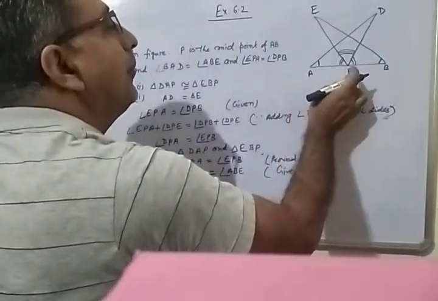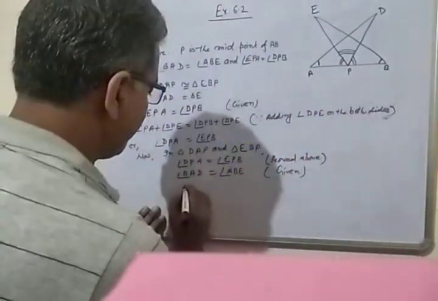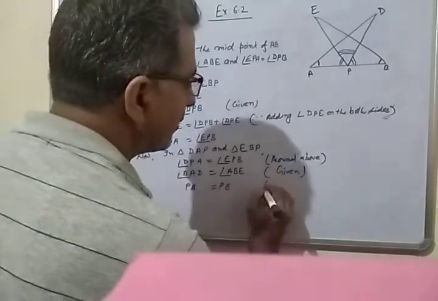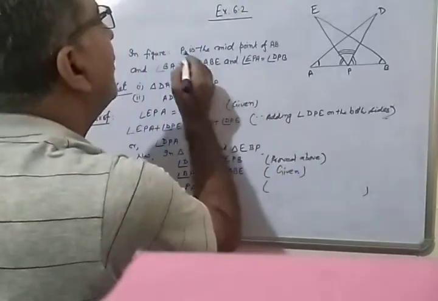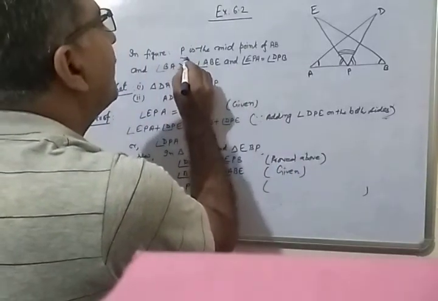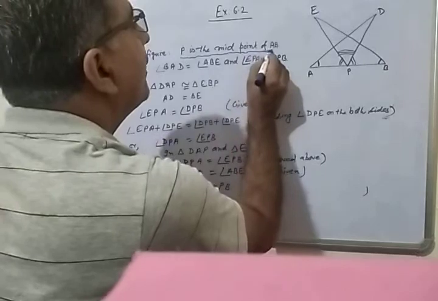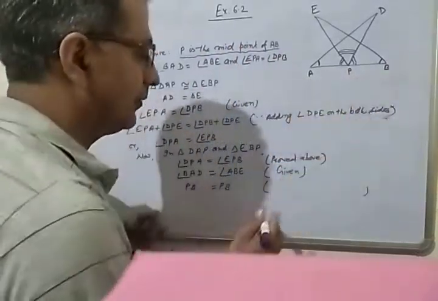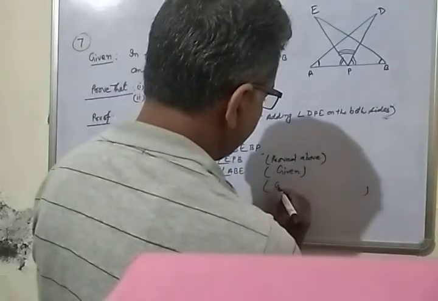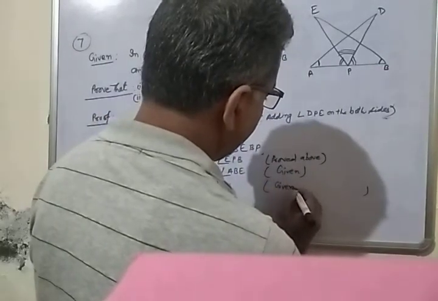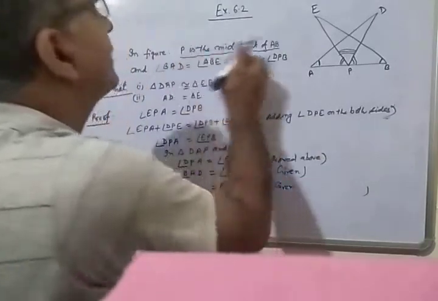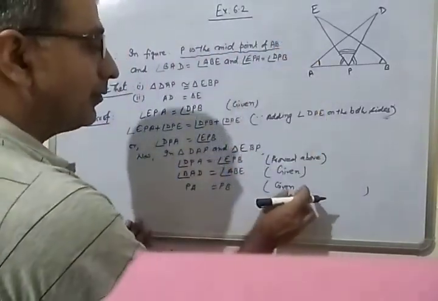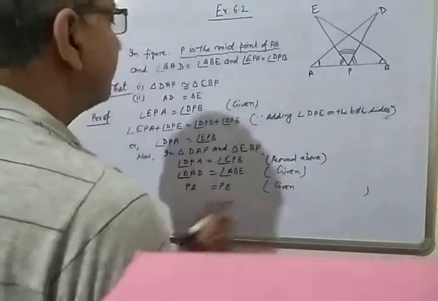Next part, PA equals PB, because it is given that P is the midpoint of AB. You can write given, or this statement, P is the midpoint of AB. Whatever you like, you can write.